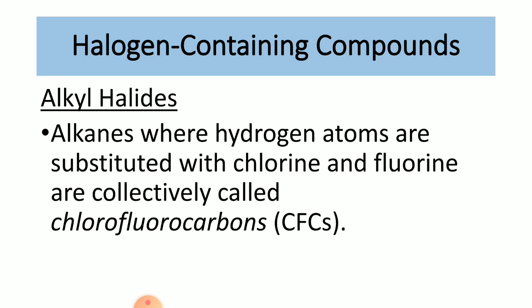They are known ozone-depleting substances whose uses are now being controlled and reduced. These substances have a bad effect on our environment. That is why their use is now being controlled and reduced. So that is about the halogen-containing compounds.